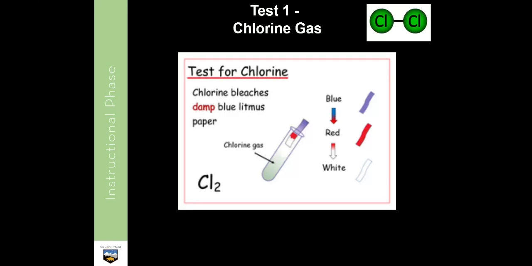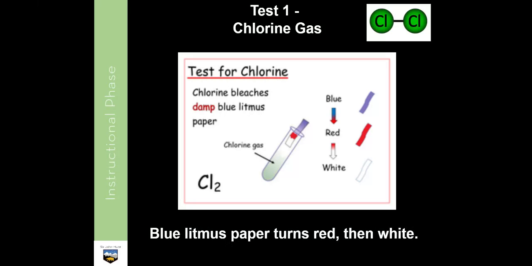To test for chlorine gas, we use blue litmus paper. If we hold it in a sample of gas and it goes red then white in colour, then it contains chlorine gas. So blue litmus paper turns red, then white. That is the positive test for chlorine gas.